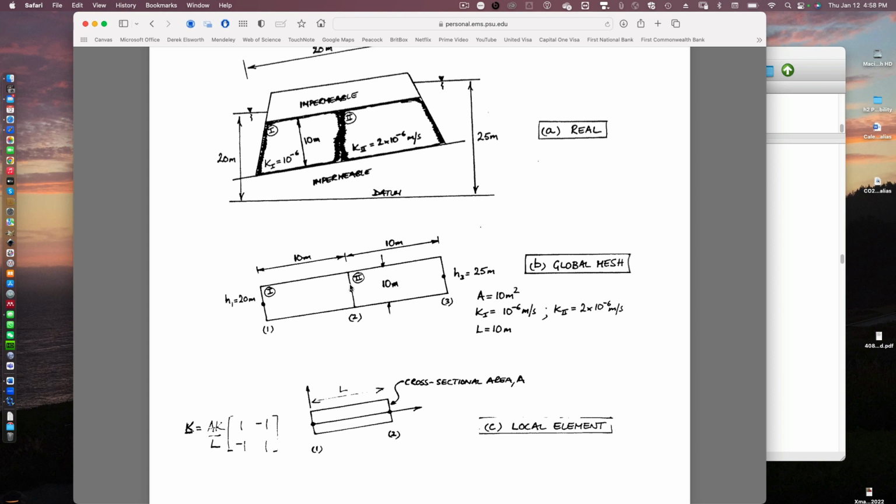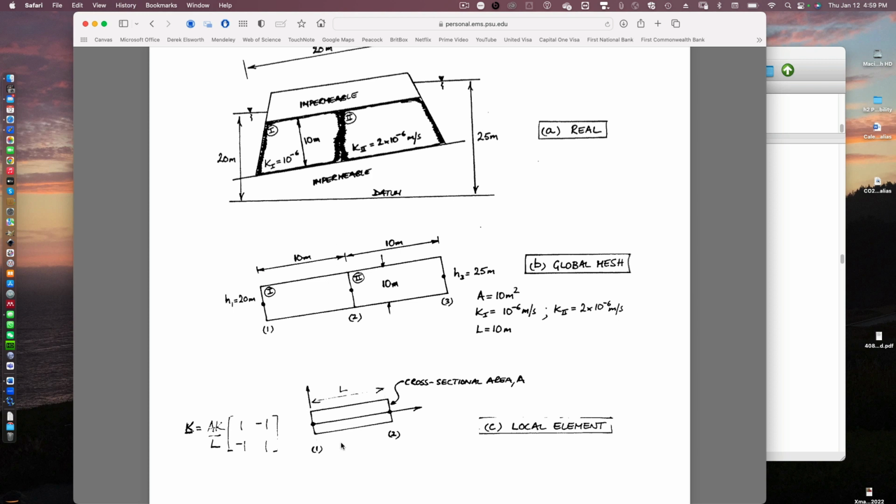One node here and one node here on this element, and one node here and one node here on this element. We give it two different material properties. Its hydraulic conductivity is twice as high in this element as it is in this, and therefore the head loss across this system should be twice as big here as it is on here. You don't need to know that now, but that's the case.